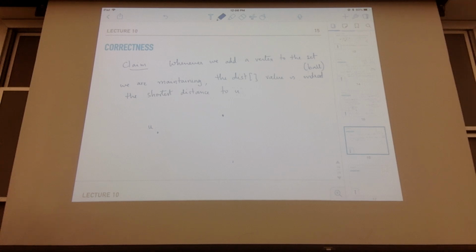So let's take vertex U, and let's say we are arguing about the moment you are adding the vertex W. Okay. So I have already said that you have drawn a ball, and you have all these vertices. And the moment you're adding this, it was the vertex that had the shortest distance to the stuff you added so far.